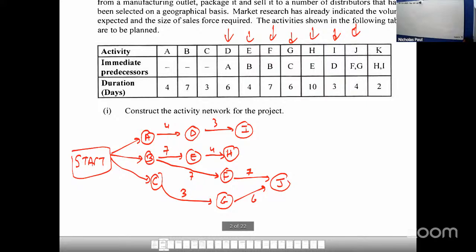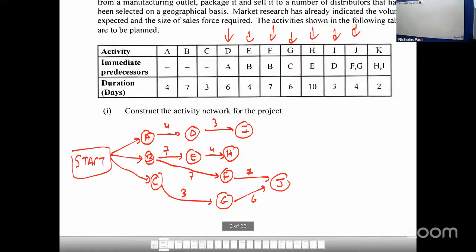Okay? So I have a little question. Look at J happening, right? J could only happen when F and G finish. So let's say G finishes at 6 days. Then here's what's happening. J still can't happen. J needs to wait 7 days for F to finish.